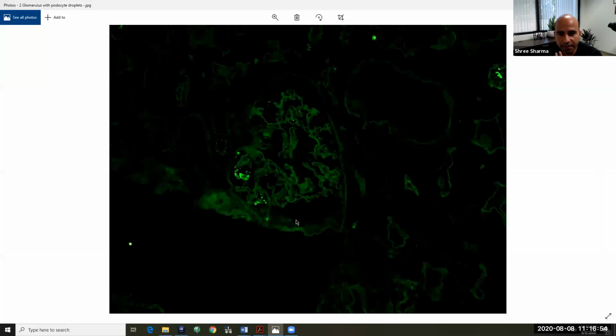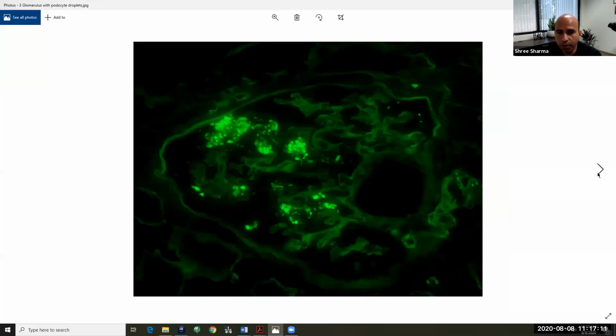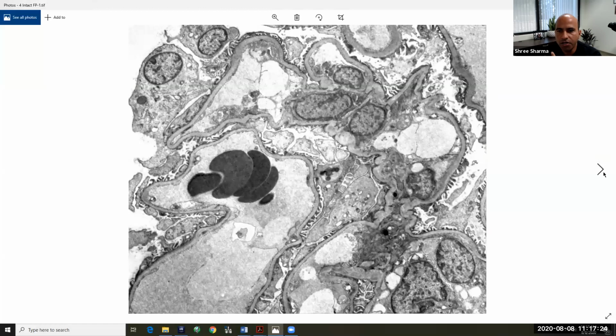And depending on different types or morphological variants of FSGS, you can see the lesion in different areas of the glom, but you don't see any staining within the tuft, only within the podocyte protein droplets. So even on immunofluorescence, you will know that you are dealing with FSGS. I'm not seeing any staining. Sometimes you can see non-specific staining with IgM, C3 in the sclerotic tuft, but most of the time your droplets are going to stain non-specifically.